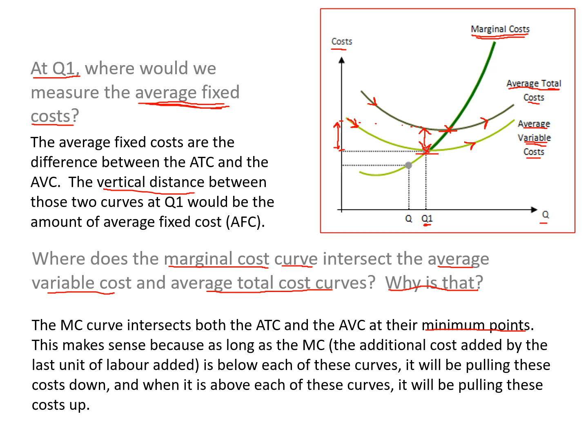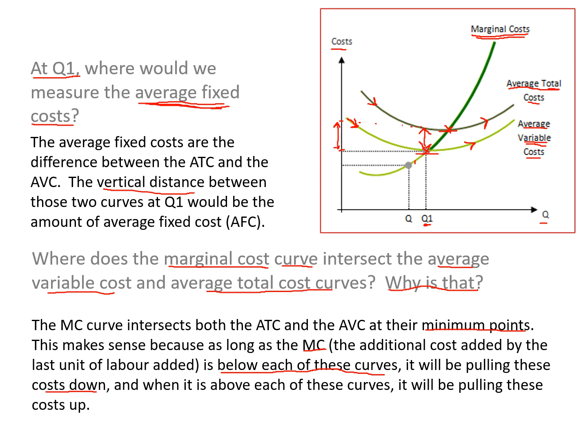The explanation as to why this makes sense is that as long as the marginal cost is below each of these curves, it will be pulling the average costs down. The additional cost for each unit here is less than the average variable cost.